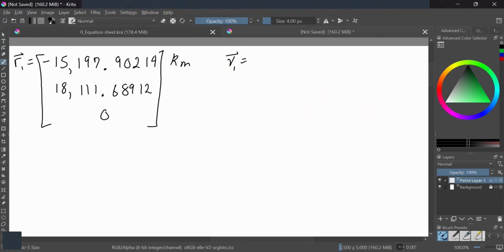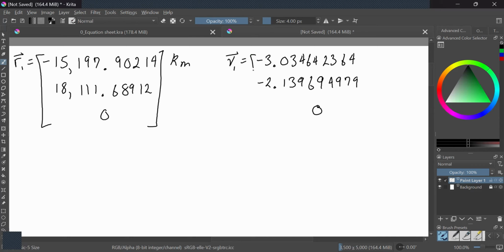Give us a velocity in the x direction of minus 3.03464, and velocity in y direction of minus 2.139694979, and 0.